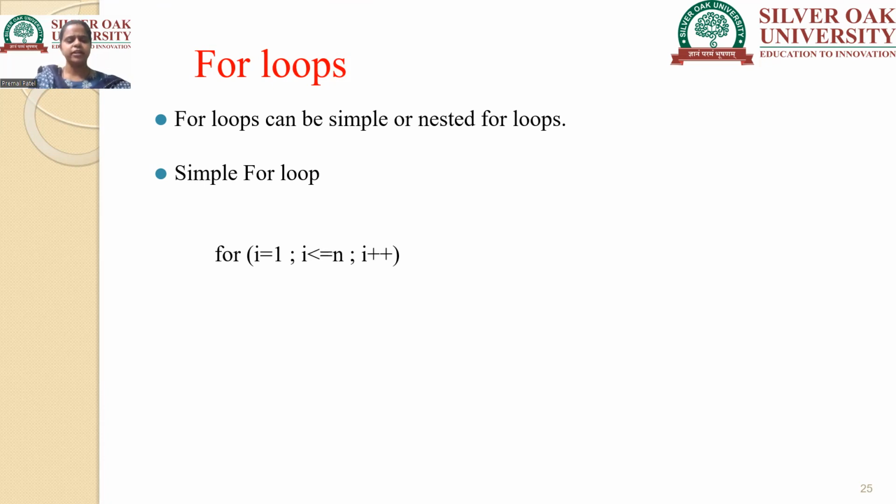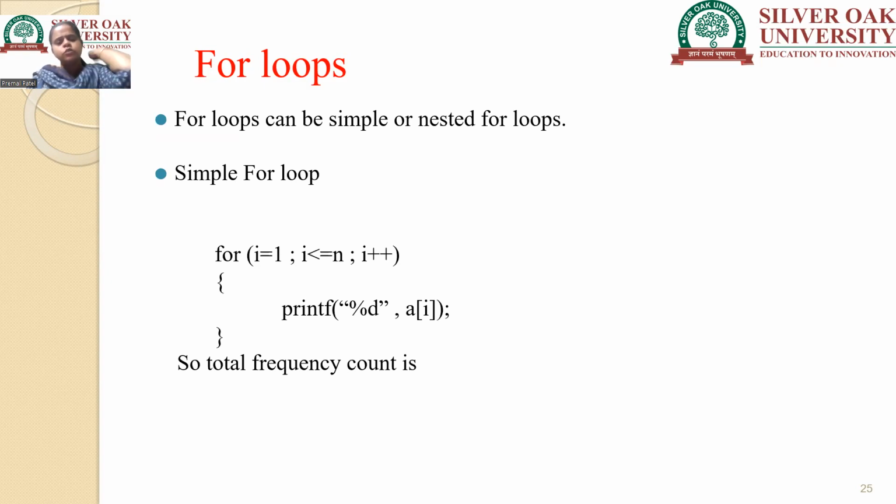One is the initial condition, the second one is the main condition, and the last one is the increment or decrement operator. So let's take one example: for i = 1, i <= n, i++. Now in the body, printf("%d", a[i]).